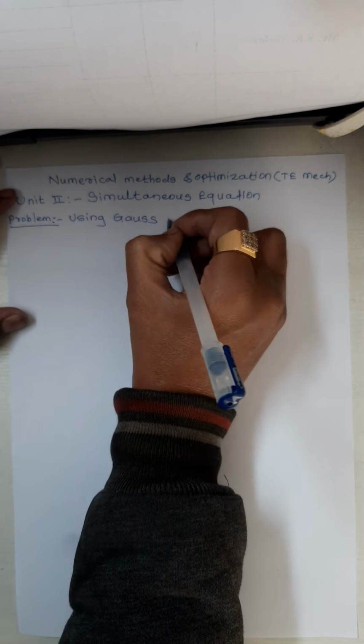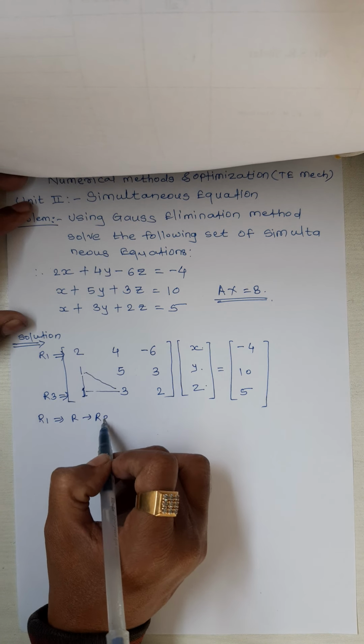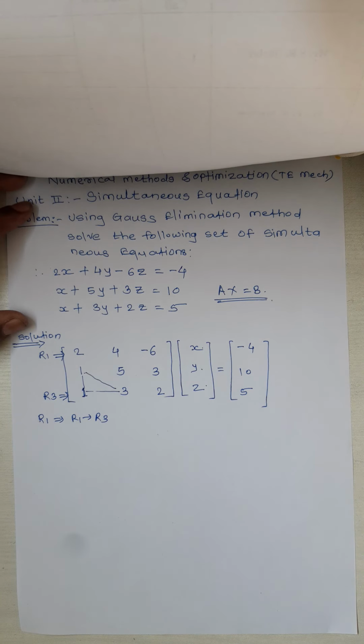So students, it is observed that here we just interchange row 1 and row 3, these 2 rows, so that this 1 comes into position number 1, that is the diagonal element of row 1. So perform the first operation as row interchange, R1 as R3.